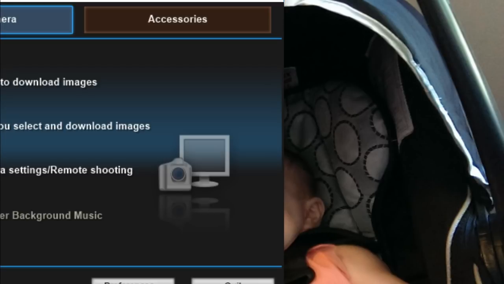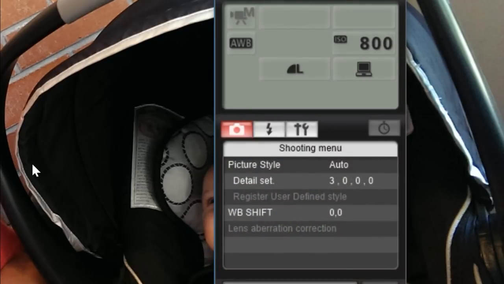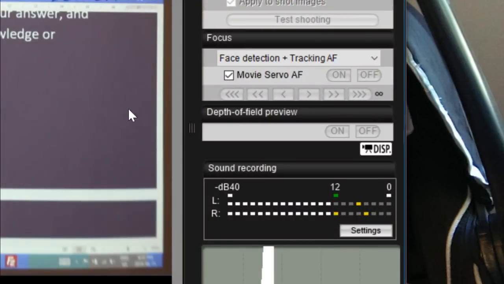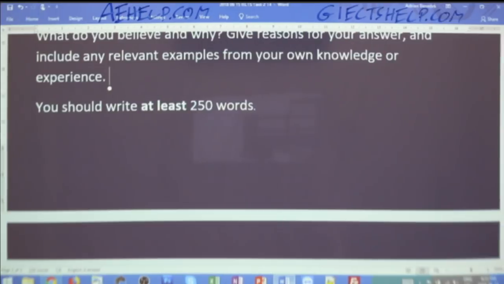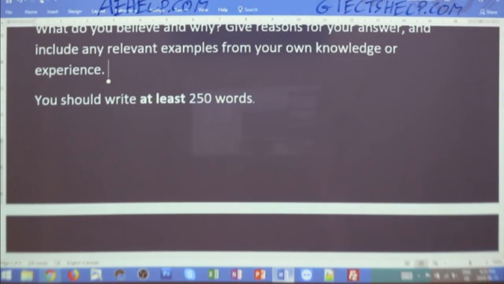All right, so should have the screen back here in a second for you. Sometimes all of this complex camera equipment decides to take a breather. And there's not much I can do about that. All right, so let's get that back for you. There you go. All right.